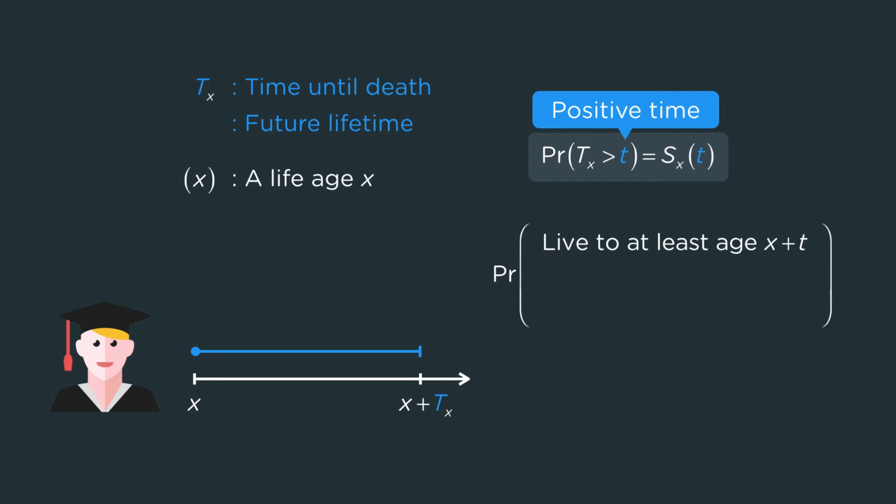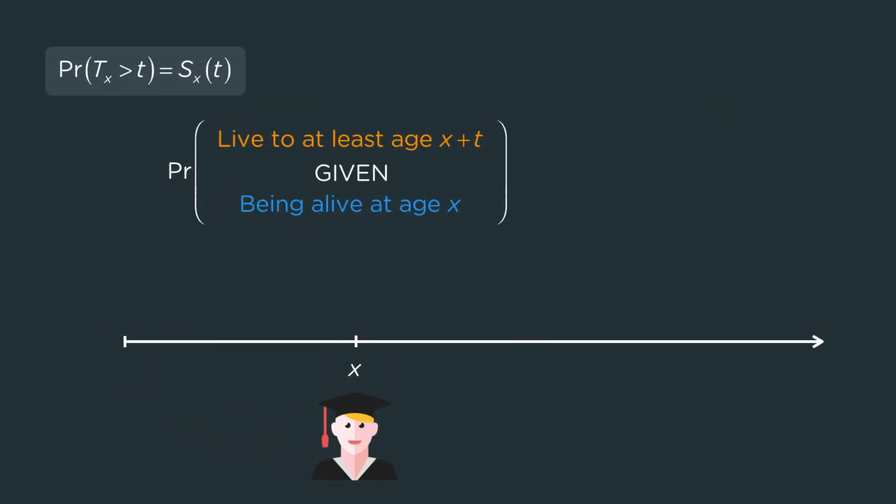Notice we assume you're alive at age x, so the survival function is based on you being alive, or conditioned on you being alive at age x. Thus, we can also write it as a conditional probability. Assume you're still age x and alive at age x, but let's evaluate based on when you were born, or age 0. At age 0, your time until death random variable is T sub 0.